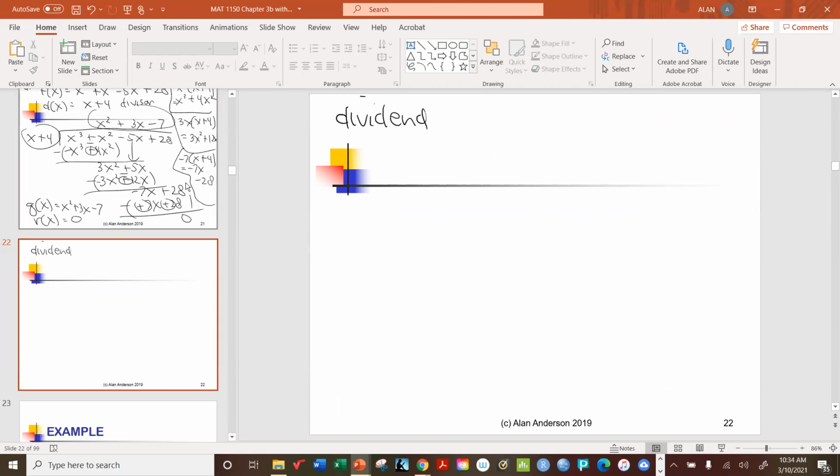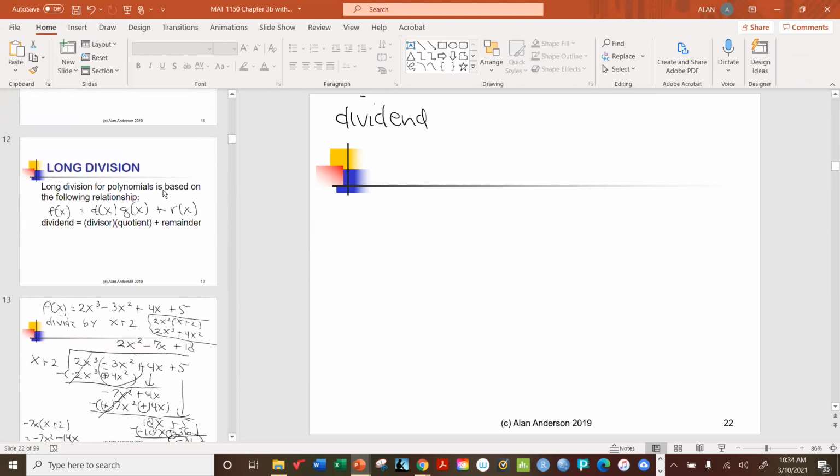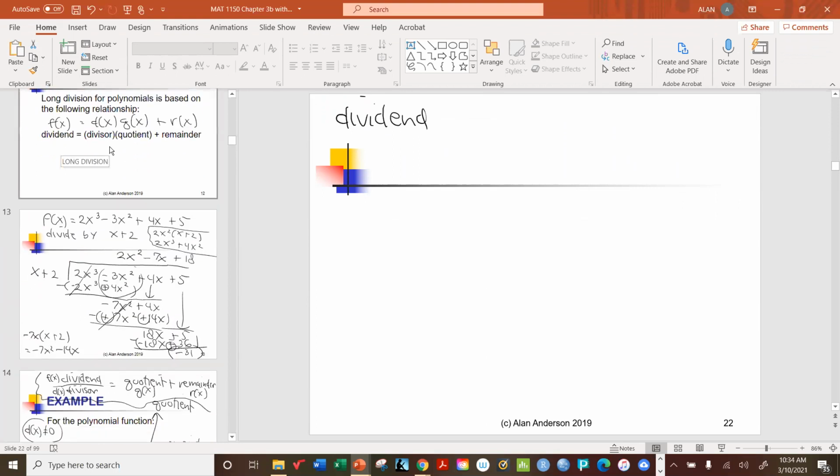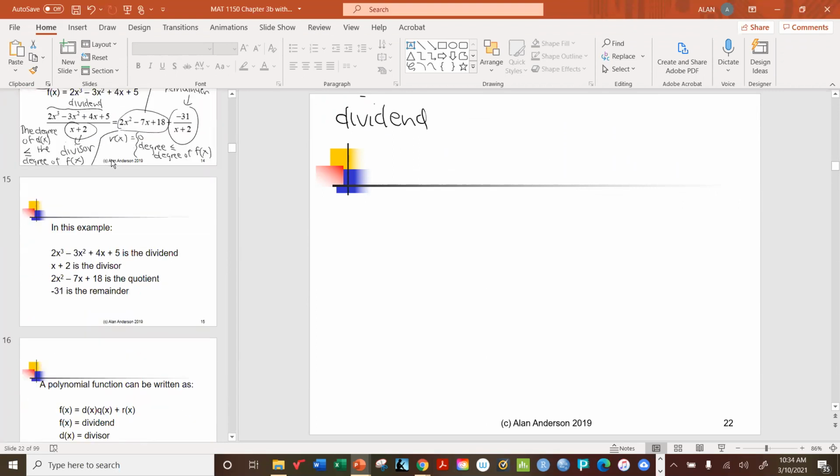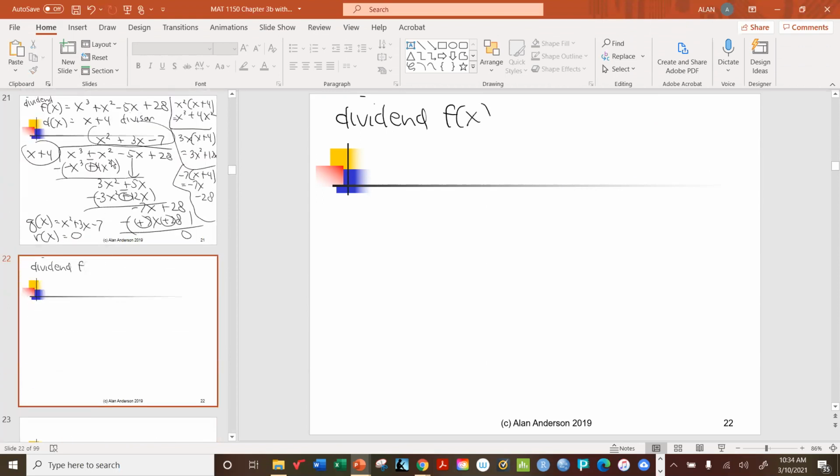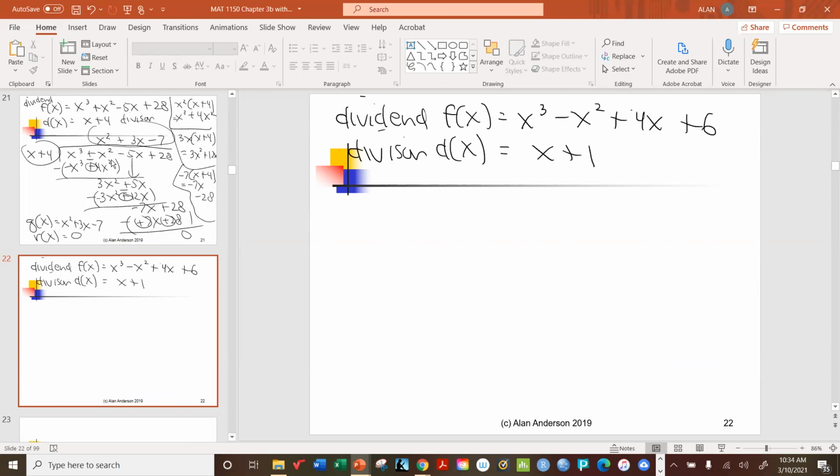So remember, f(x), the original function, let's go back to the beginning when we had all this scary terminology, is the dividend. This time we'll try x cubed minus x squared plus 4x. And the divisor, d(x), will be x plus 1. So your job is to look for the quotient and any remainder, if there is one.